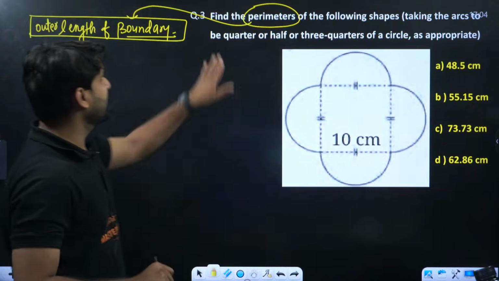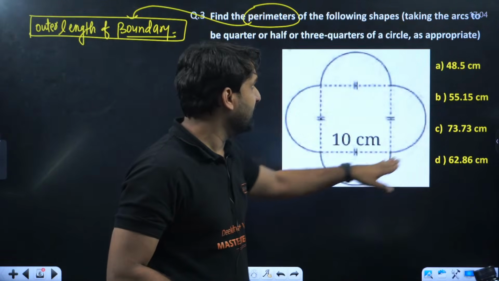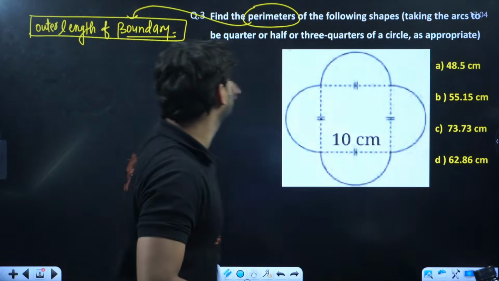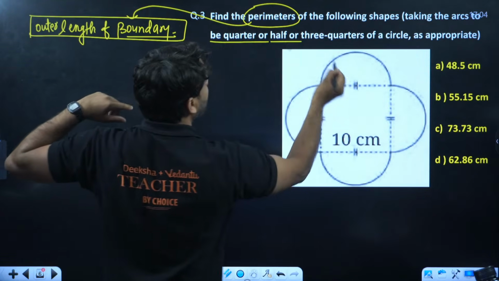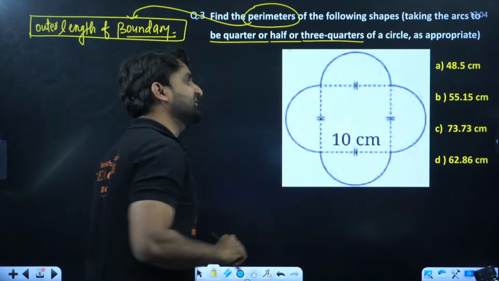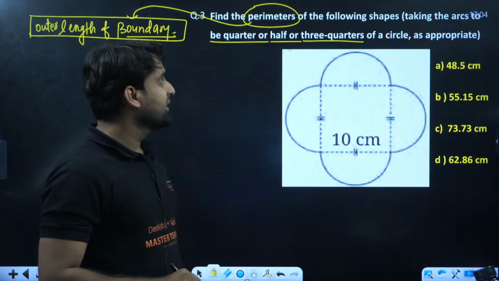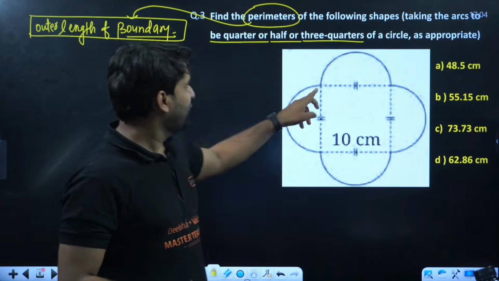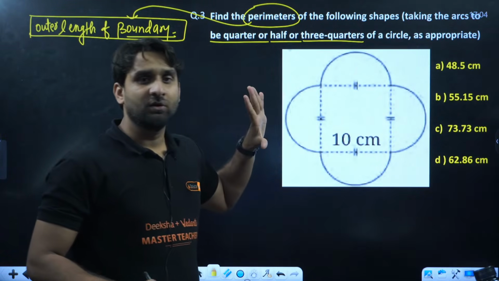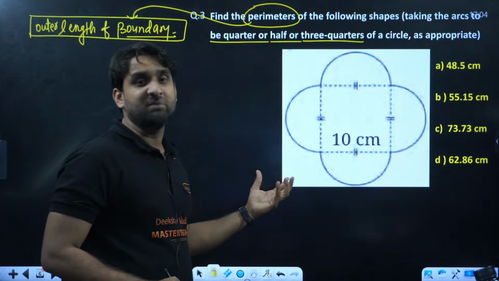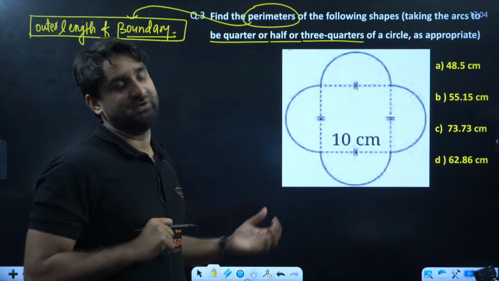In this question, find the perimeters of the following shapes, taking the arcs to be quarter, half, or 3/4 of a circle. Basically, if we look at this part and this part, we have semicircles. Semicircles means half portion of a circle.